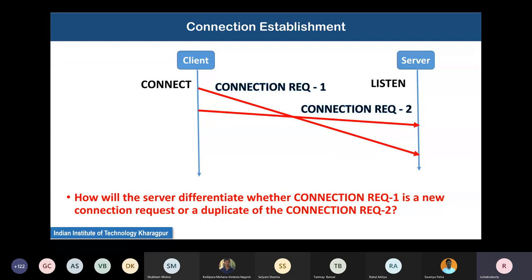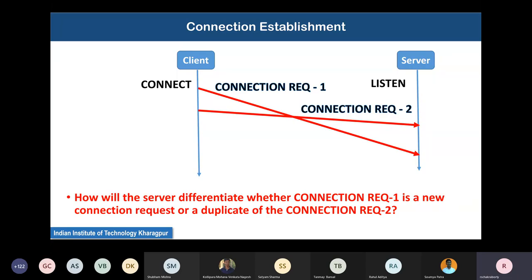But if this could have been implemented, then there would be no problem, because say the delayed connection request 1 comes to the server trying to connect to some particular server process. The server will say that, well, no, this is an old port that I was maybe using 3 minutes earlier. So this must be the delayed duplicate.